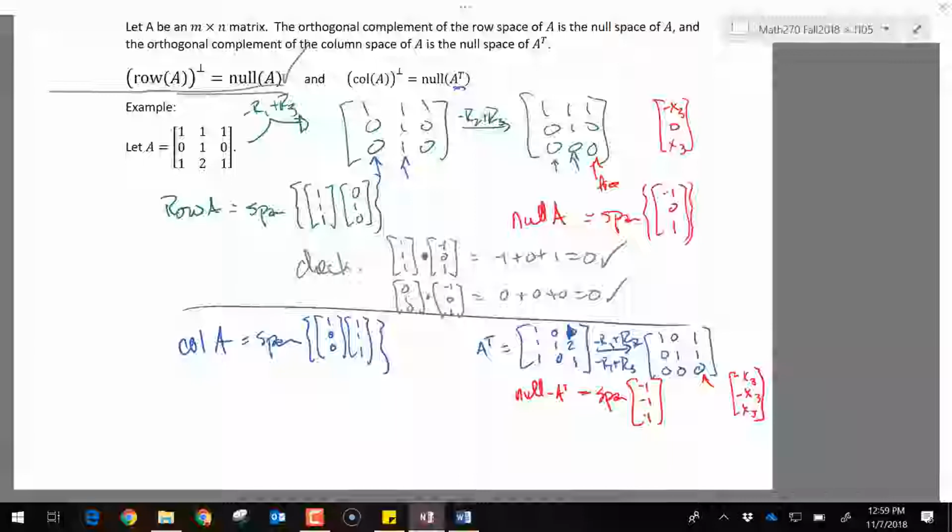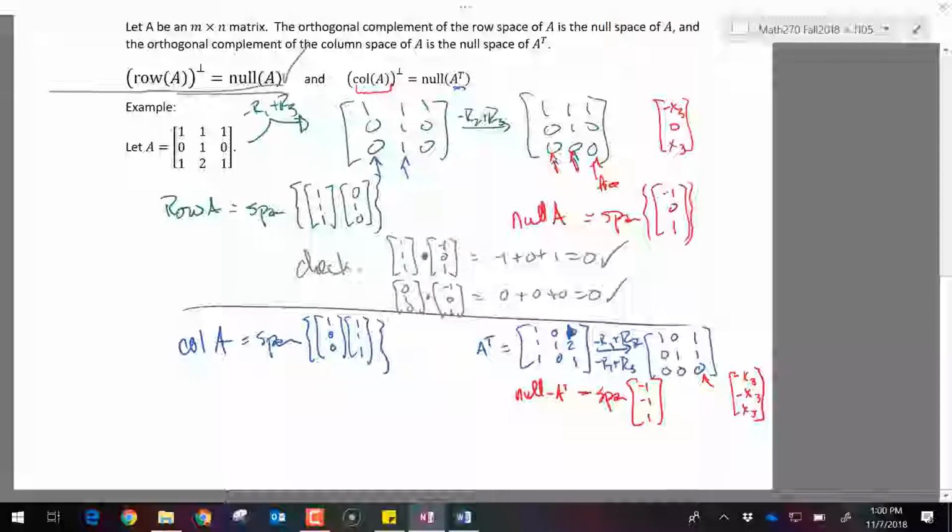I take a look at the reduced row echelon form, and I saw that there are pivots in the first and second columns. So I take the first and second columns here. Well, that's the column space of A, and so that's what I'm looking for.